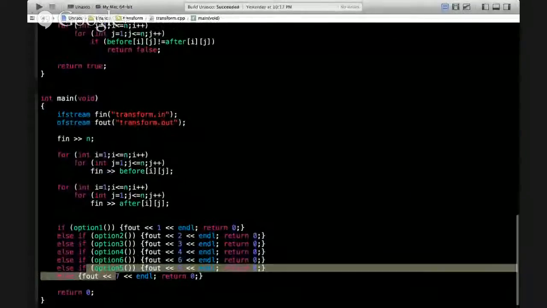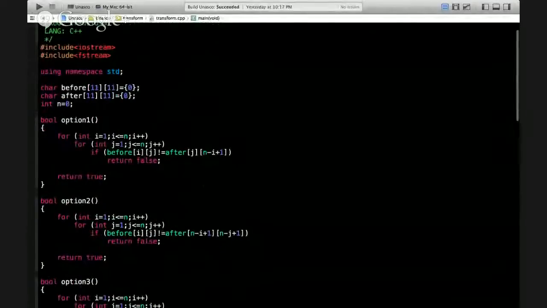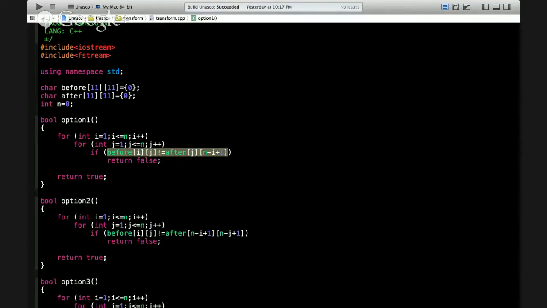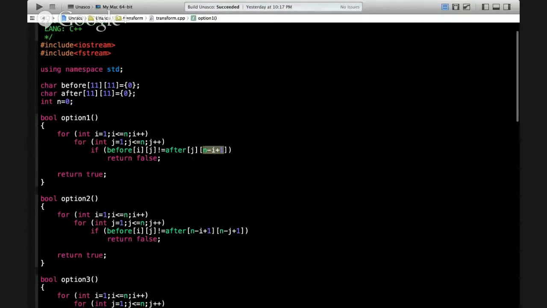For the rotation, option 1 is quite simple. It takes the matrix and finds a simple representation of the rotation. This line checks whether it is a 90-degree rotation of the original matrix or not, using a simple formula with the column of the matrix, m minus 1 plus 1, for rotation by 90 degrees about the center.